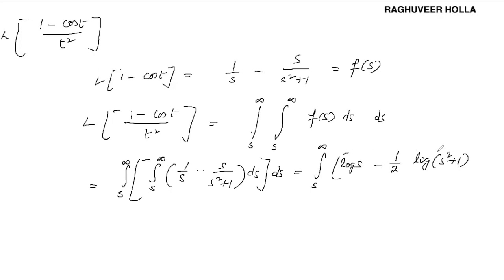Now we have the limits s to infinity. So we are done with the first integral. Now integral s to infinity, this will be log s minus half of log s square plus 1, which will be square root of s square plus 1.